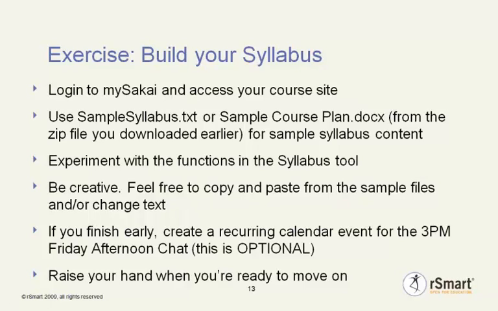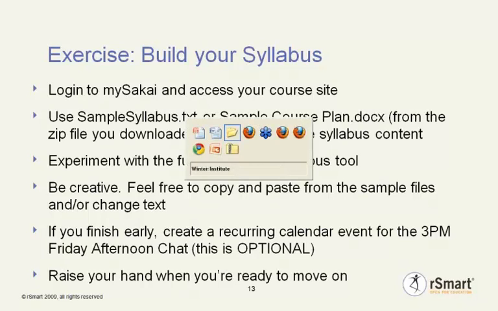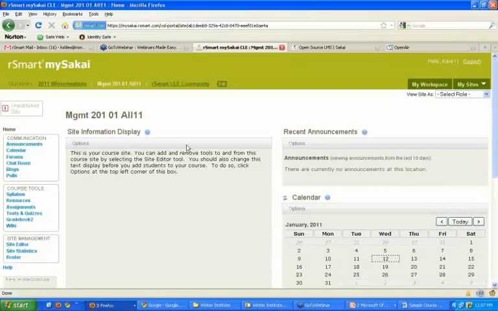Now, this exercise was designed to allow you to be creative a little bit and do some exploring. So this is not a step-by-step exercise where you have to execute all of the actions that I've outlined in the document. This is designed to just show you the syllabus tool and let you play with it a little bit, because there is no one absolute way to actually create a syllabus in Sakai.